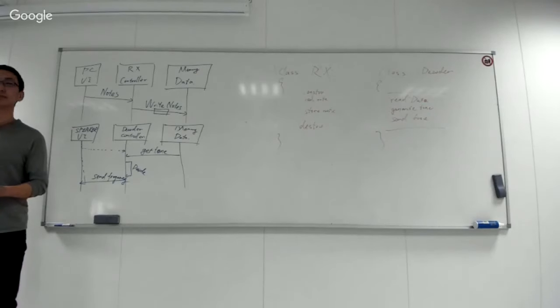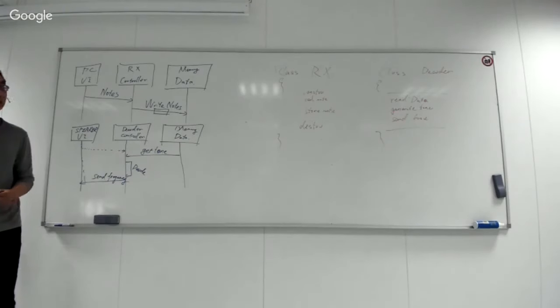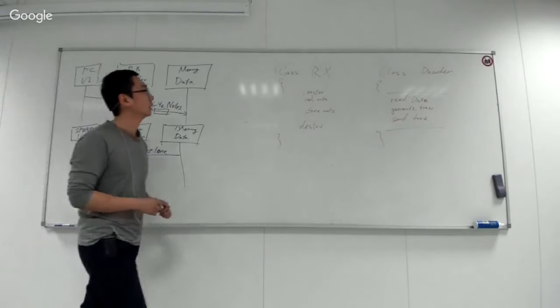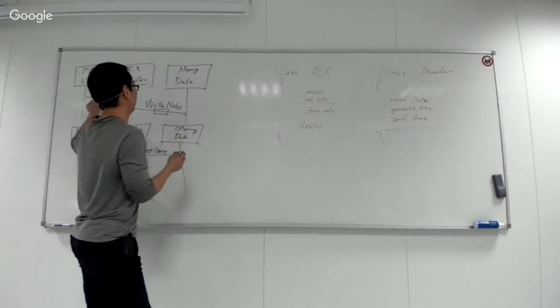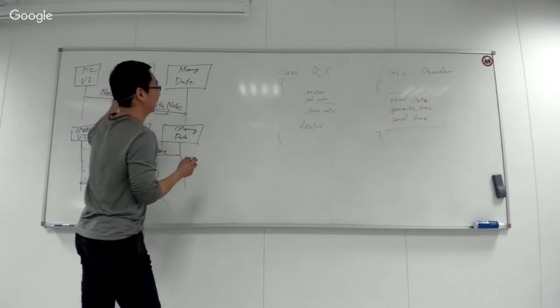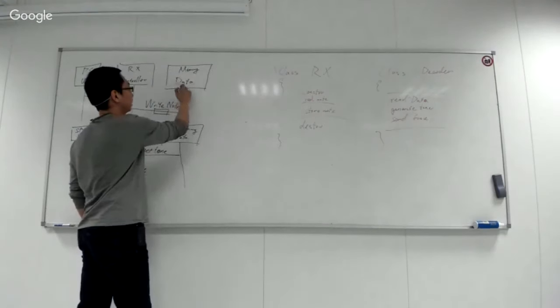What's underneath constructor? I didn't follow. What's on RX? Okay, yeah, in the RX you have the read node, that is, you read the node from the user interface, and you have store node, that is, store the node into the memory.